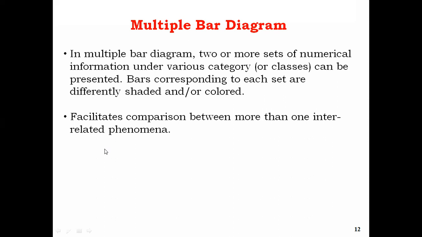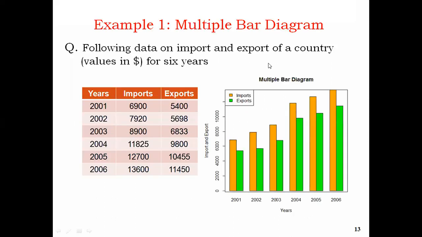Now you see, this is the example. The following data is on import and export of a country for 6 years, with values given in dollars. Here you see the years, imports and exports of a country, and then the diagram.